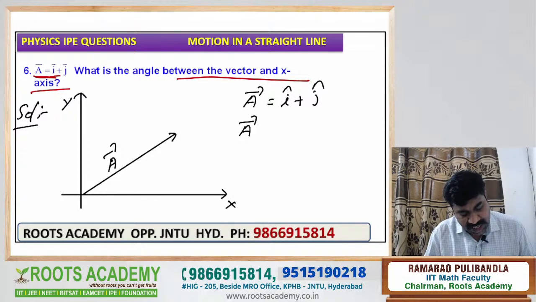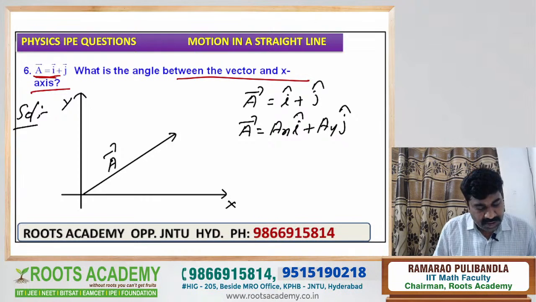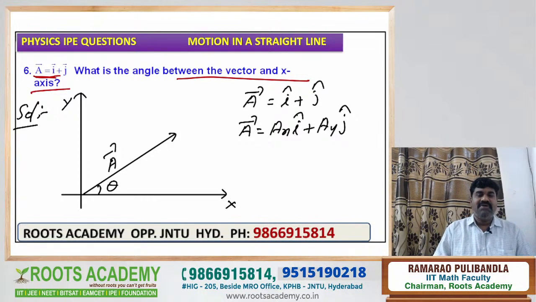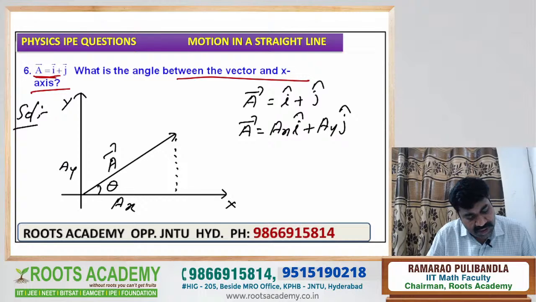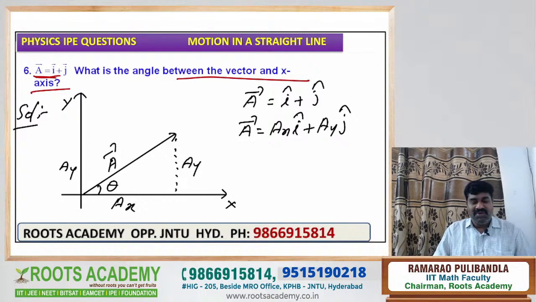A bar is written as Ax i cap plus Ay j cap. Here we want to find the theta value. The horizontal component of A bar is Ax. The vertical component is Ay. What is the Ax value? 1. Ay value is also 1. What is the angle made by the vector with the x-axis?